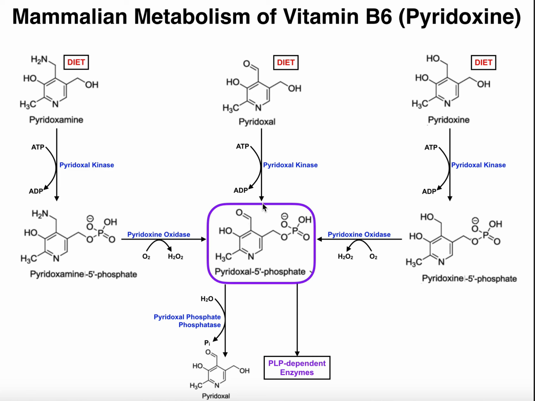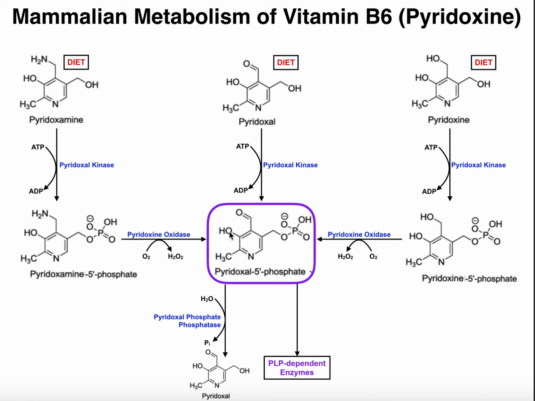Once this moiety is attached to the enzyme, it can then perform whatever PLP-dependent reaction mechanism is required. And we'll have a separate video where we look at the attachment of it and then also potential detachment from the enzyme.